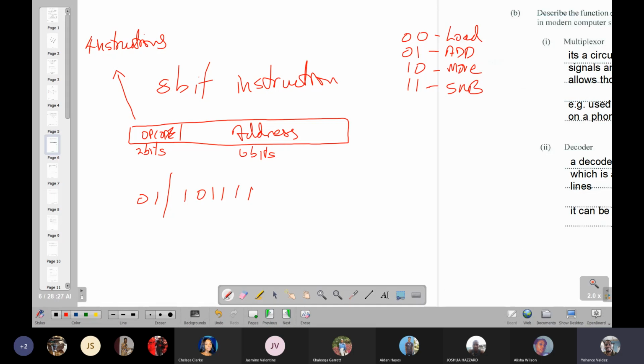That's it. I'm limited to 4 instructions, because only the first 2 bits of the instruction that comes into my computer system are associated with the computer instruction.